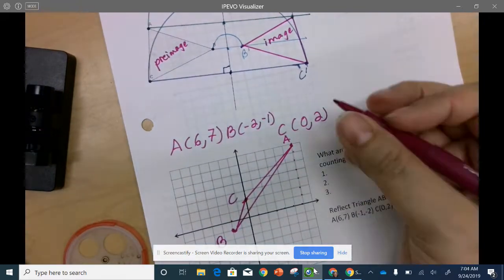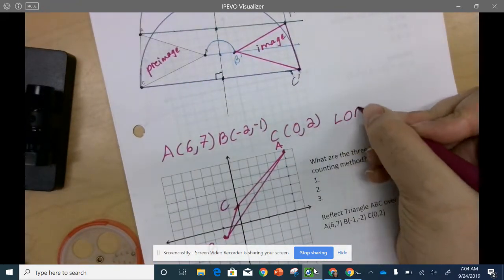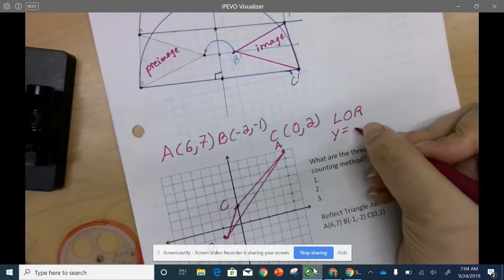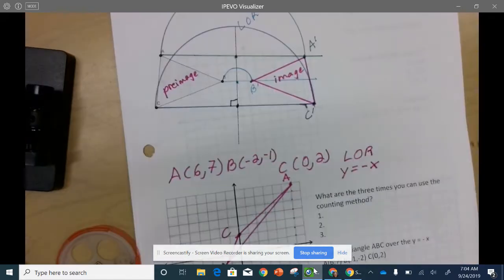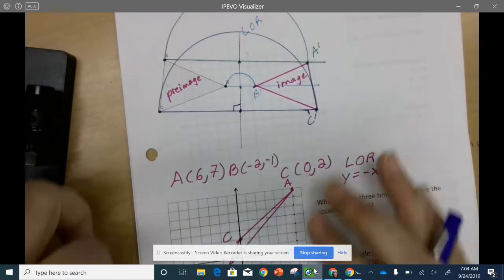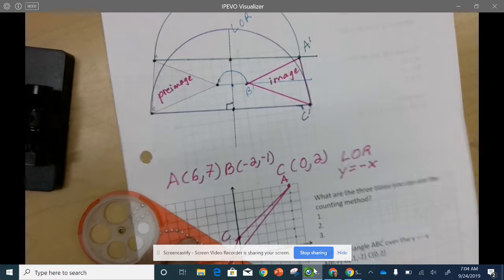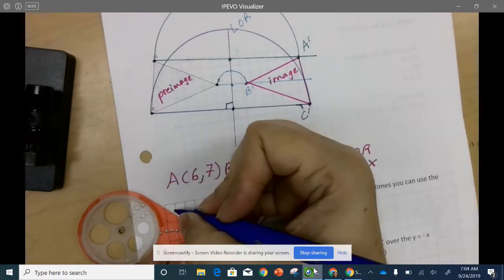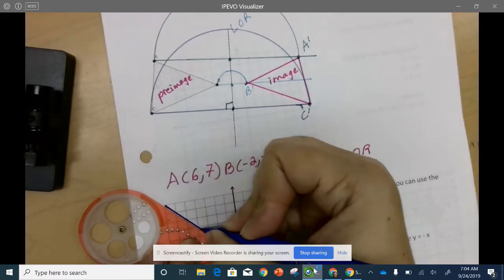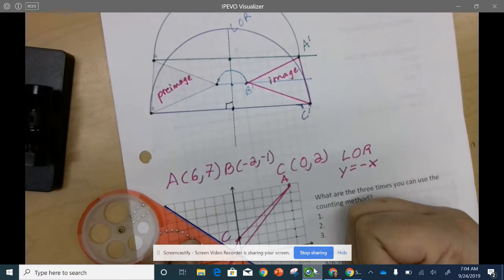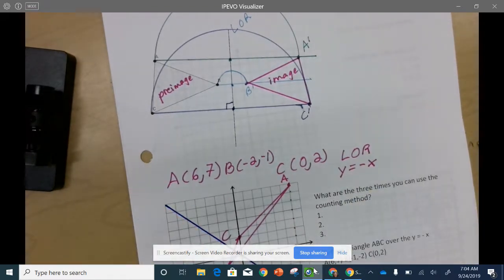Okay, and our line of reflection is y = -x. Okay, so basically that's going to go downhill. So everybody remember, that's going to go downhill. It's going to go this way. Corner to corner, that's our line of reflection.